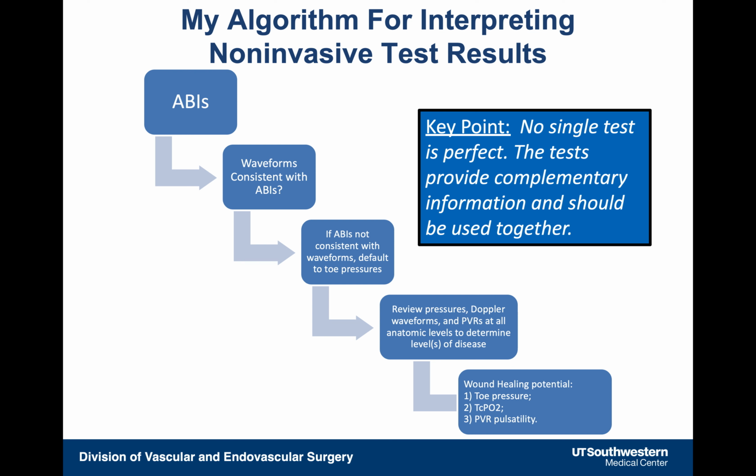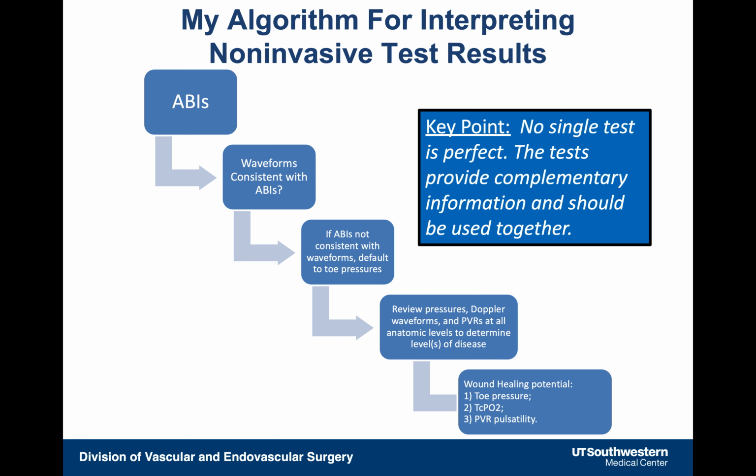And then I would also review whether it's normal or abnormal. I would review pressures, Doppler waveforms, and PVRs at all anatomic levels to try to determine if there's any gradient or progressive disease as you go down the leg and at what level that occurs.